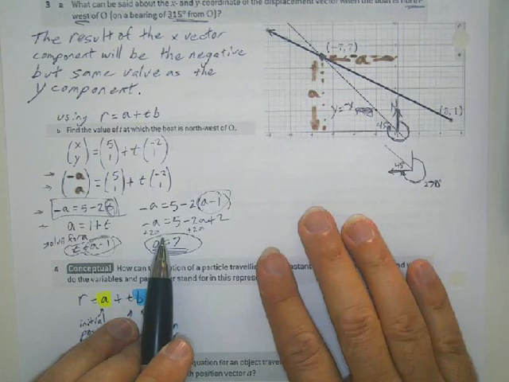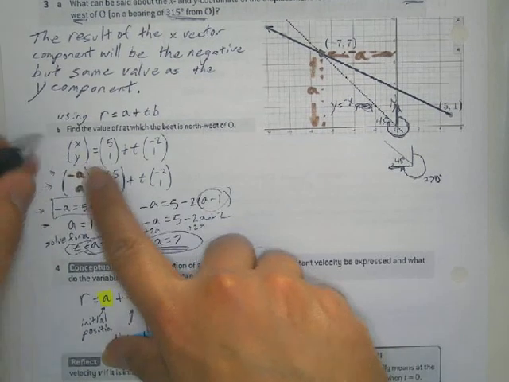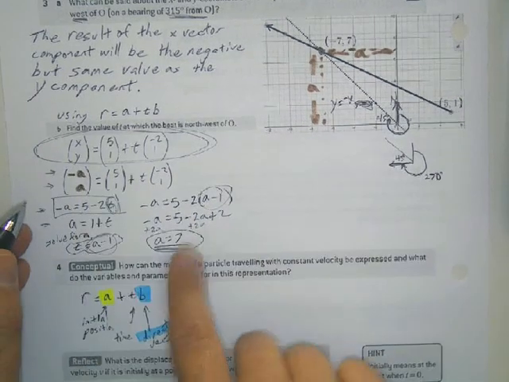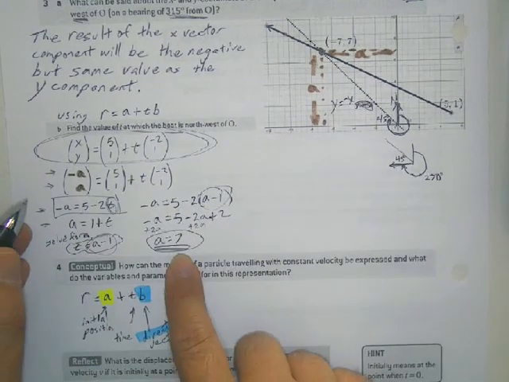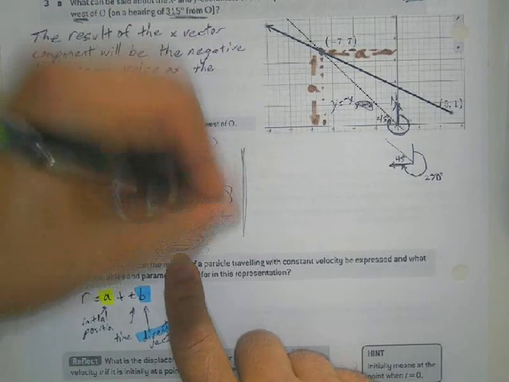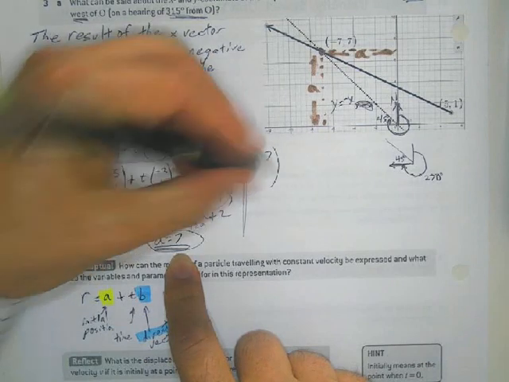Okay, so now I can take my original question, this one here, the x. We're taking this, I'm going to replace the x and the y with negative 7 and 7. So x is negative 7, y is 7.